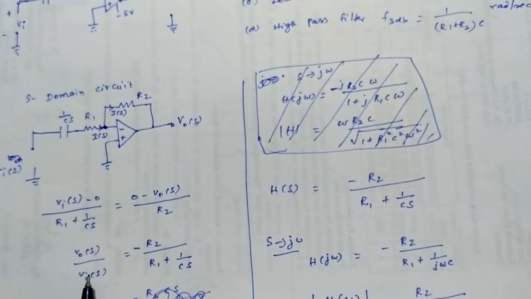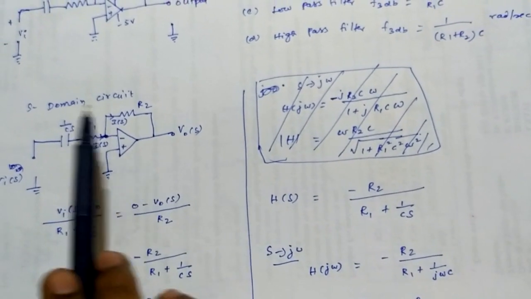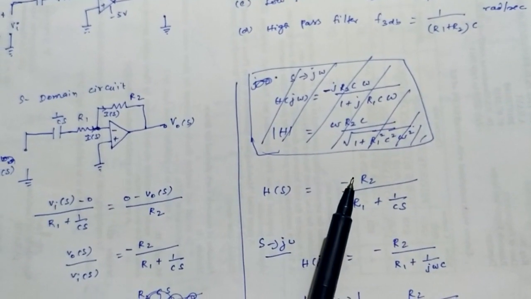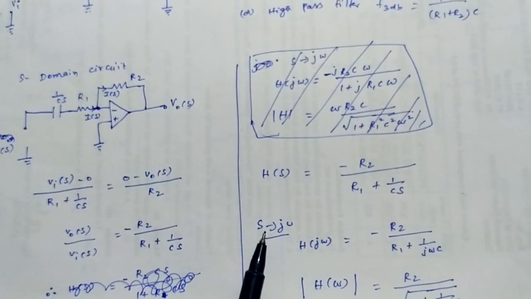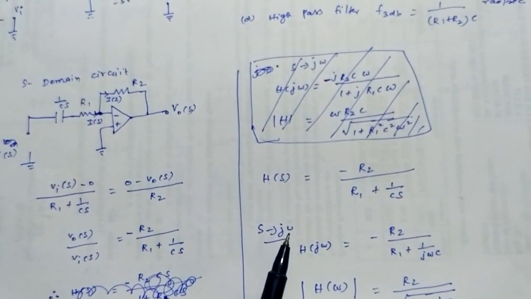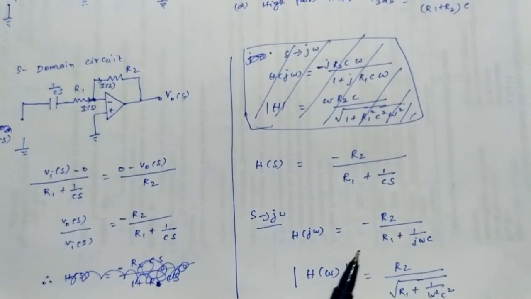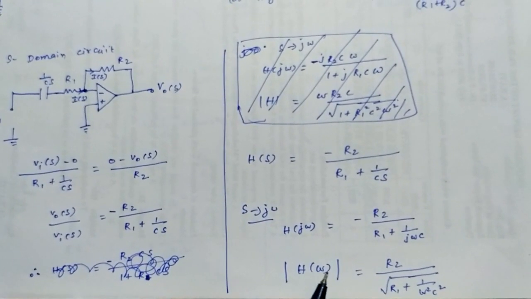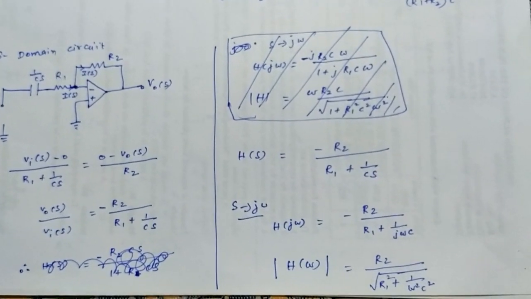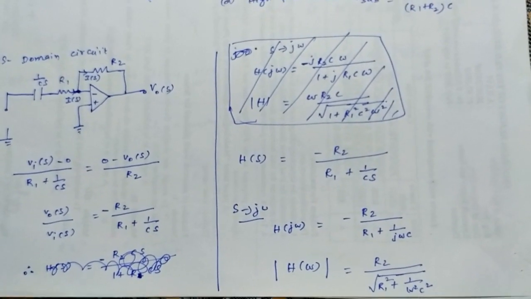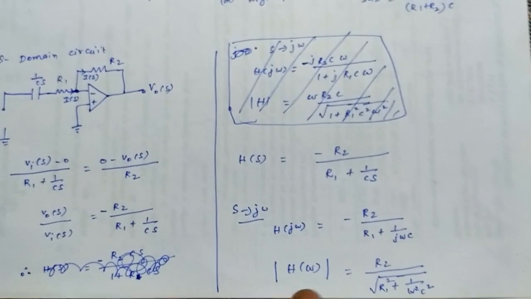So this V0 by Vi we can call H of S, the transfer function of this filter, which is equal to minus R2 over R1 plus 1 by Cs. To study what type of filter it is, replace S by j omega. Then you take the magnitude of this filter, that is R2 over the square root of R1 square plus 1 by omega c square. This is the magnitude of the filter.